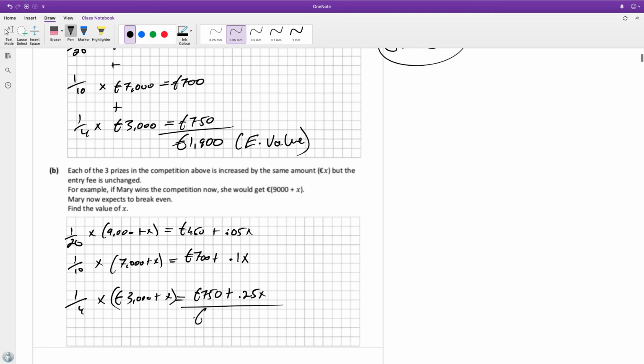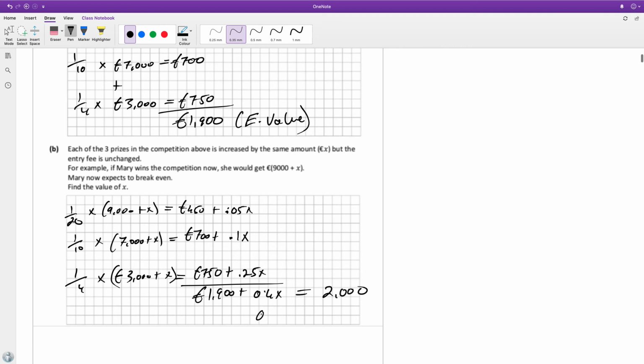That is 1,900 plus 0.05 plus 0.1 plus 0.25, which is 0.4x.